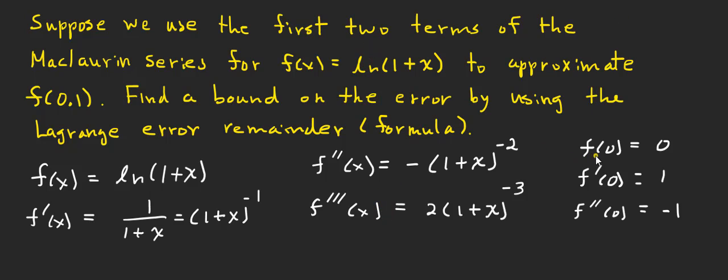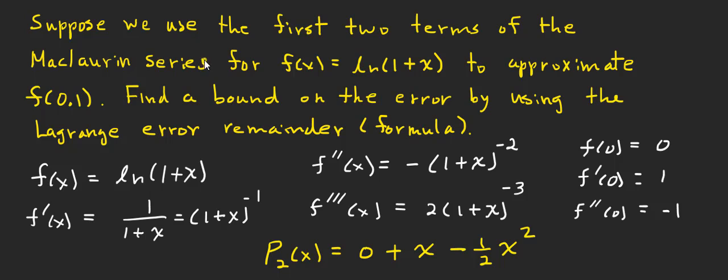So plugging in 0, since the Maclaurin series has a center of 0, you get f of 0 is natural log of 1, which is 0, and f prime of 0 is 1, and f double prime of 0 is negative 1.